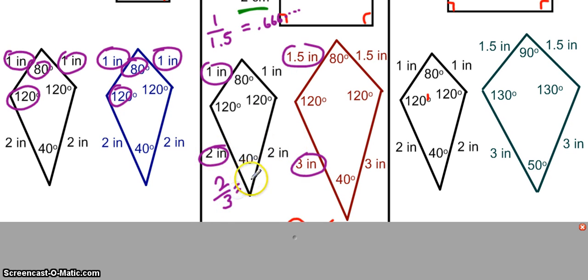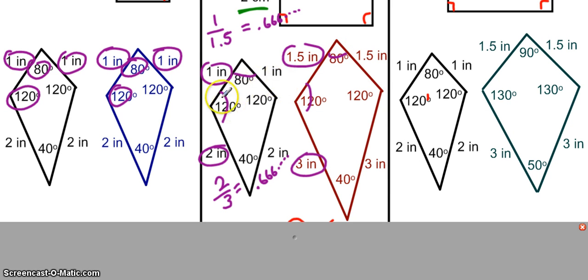And if you divide that in your calculator, you also get 0.666, which means that these two sides, 1 to 1.5 and 2 to 3, are proportional. They have the same ratio when you set them up as a fraction. In addition, the angles are congruent, 120 and 120, 80 and 80.